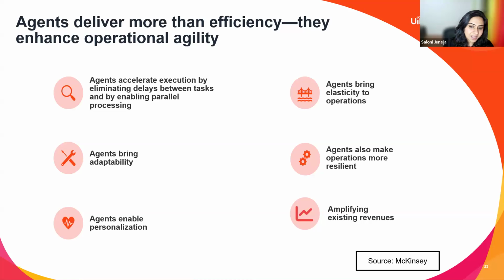Unlike traditional workflows where we relied more on sequential handoffs, these agents can coordinate between themselves if there are multiple agents, and they can execute multiple steps simultaneously, which reduces the cycle time and also boosts the responsiveness of the entire process that we are dealing with.